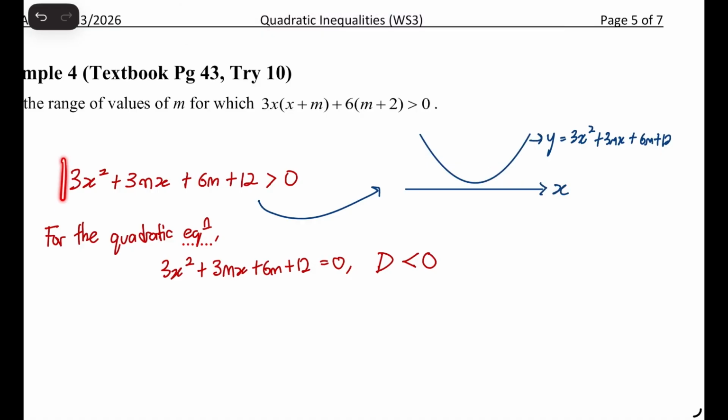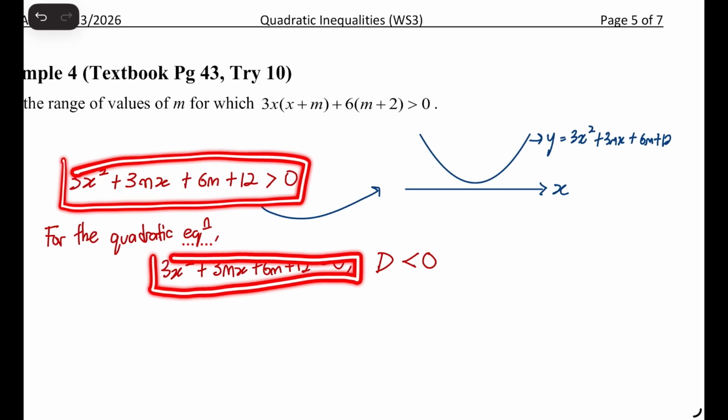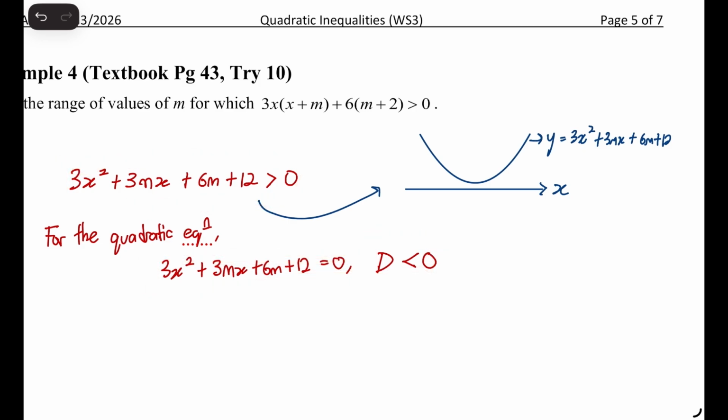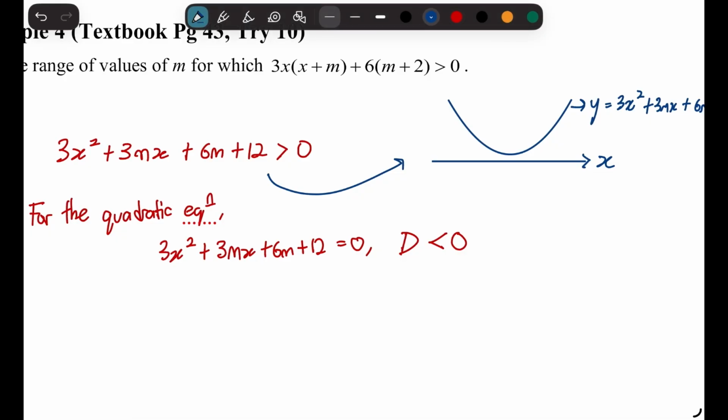This is equivalent to the discriminant of the quadratic equation being less than 0. Right, so now let's work from this quadratic equation and find the discriminant. We identify my a, b, c very clearly first. A is equal to 3, b is equal to 3m, c is equal to 6m plus 12.